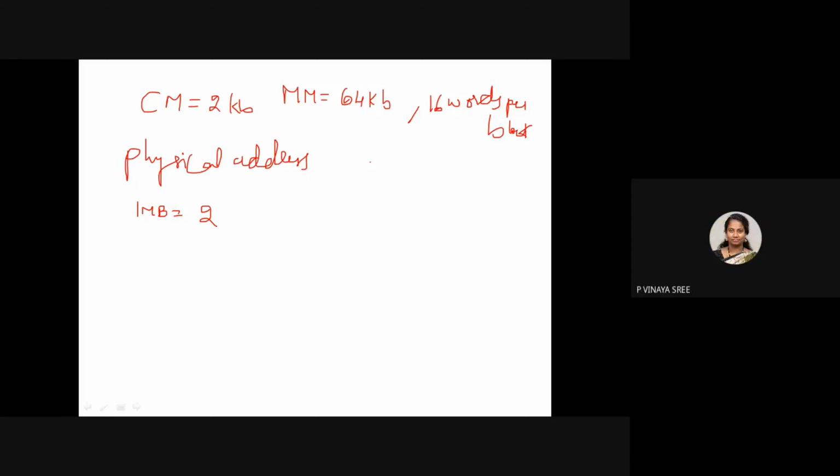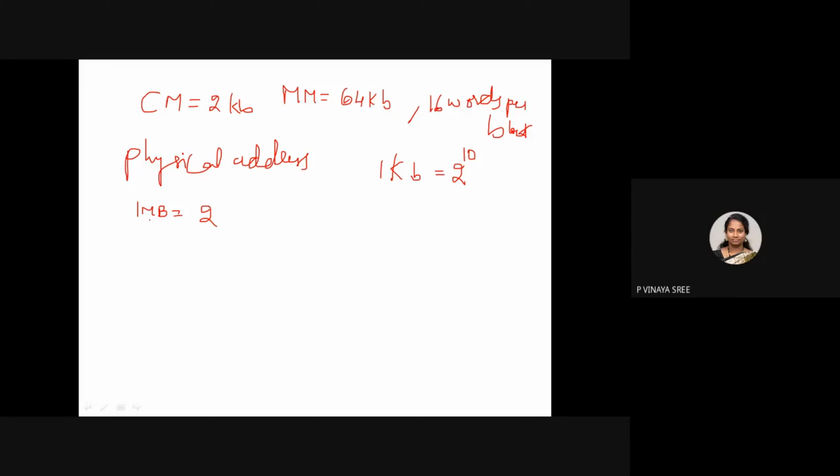It will be confusing initially, but let me explain. 1 KB is nothing but 2 power 10. Our memory size is 1 MB in 8086.